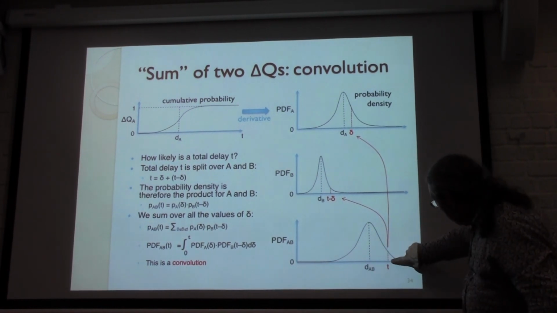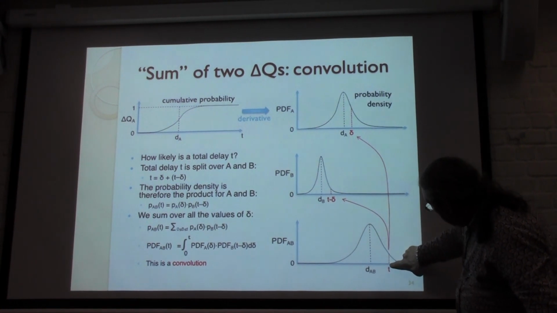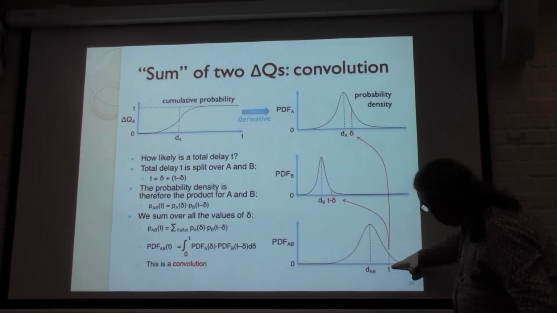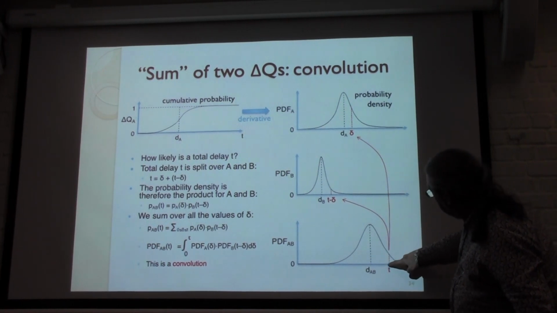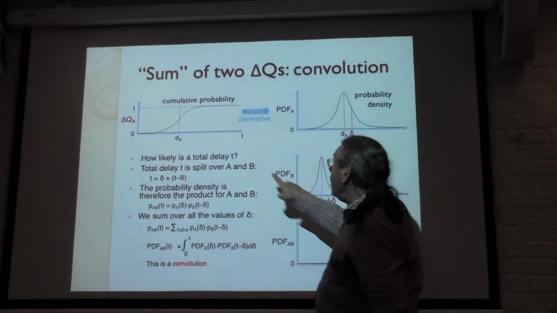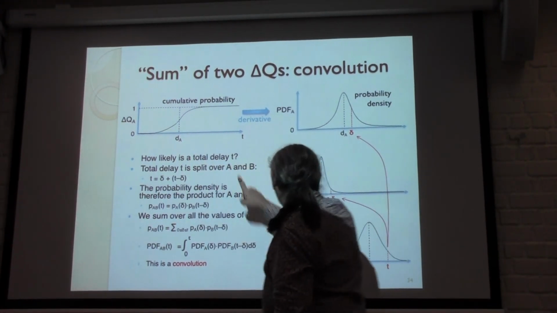Now I want to determine what is the density here. So what is the probability that I go from T to T plus delta T? Well, how likely is a total delay T?